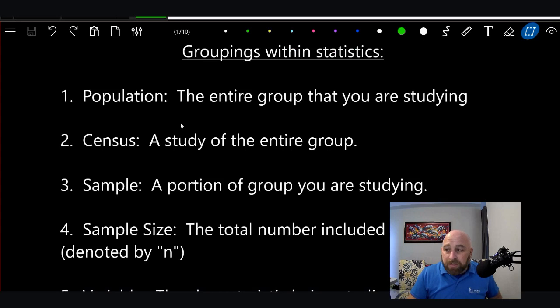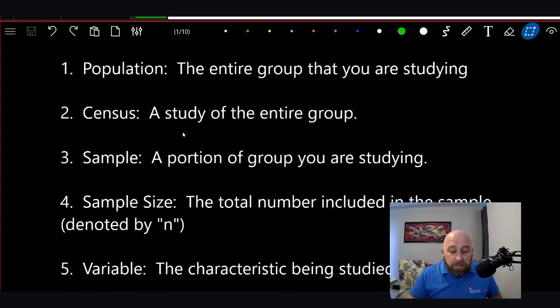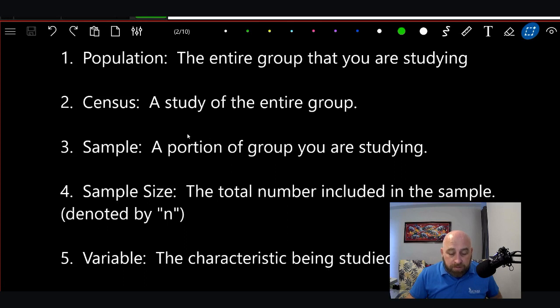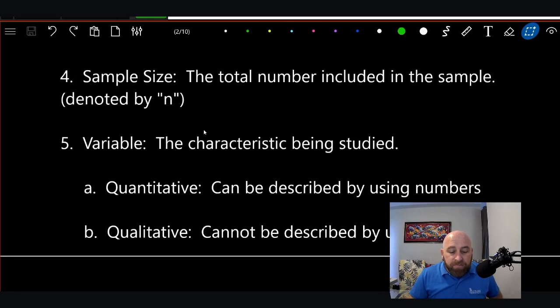Okay, she's doing a sample because the census would be if she talked to everybody, but she only sampled a certain group of people. How many? What's her sample size? Well, there was 20. And what would the variable be? Well, the variable is eye color. Now, this is one of those ones where you could talk about the number because she's going to get a number.